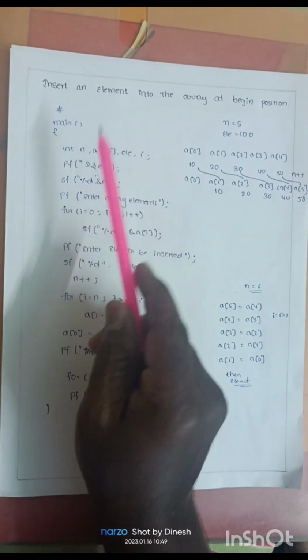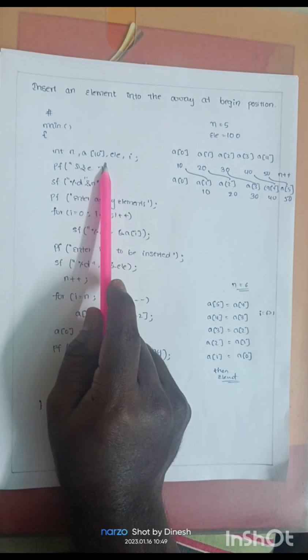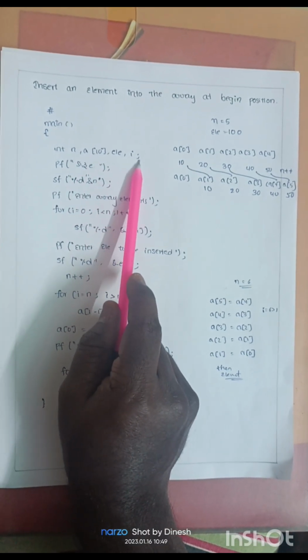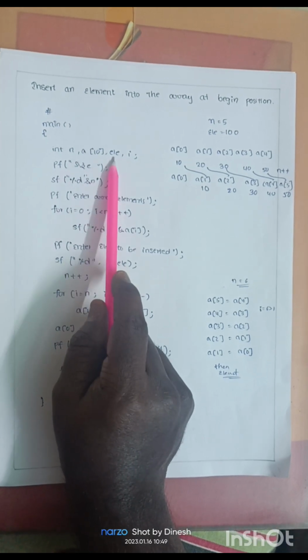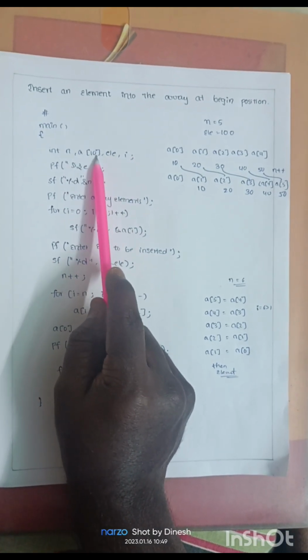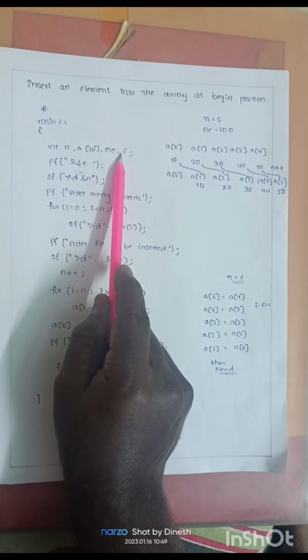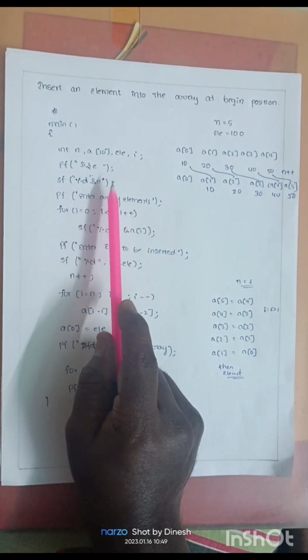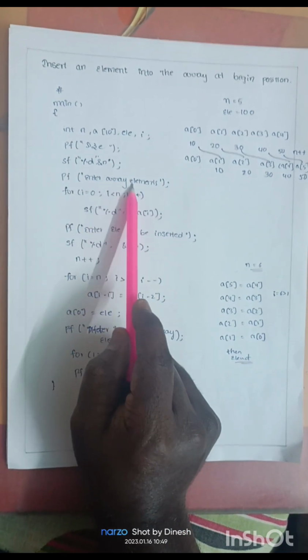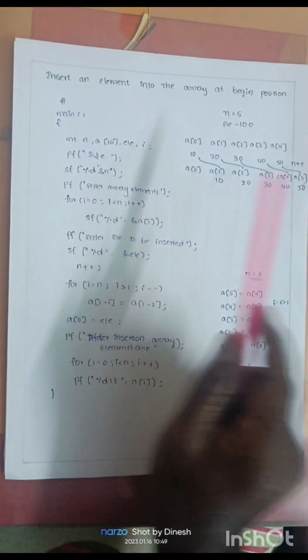Header files, main function for declaring an array, a loop variable I for iteration, n for size, and we have to declare one variable for the element to insert. Printf "enter the size of an array", and scanf %d, &n. Printf "enter the array elements". This message will be displayed in the console.